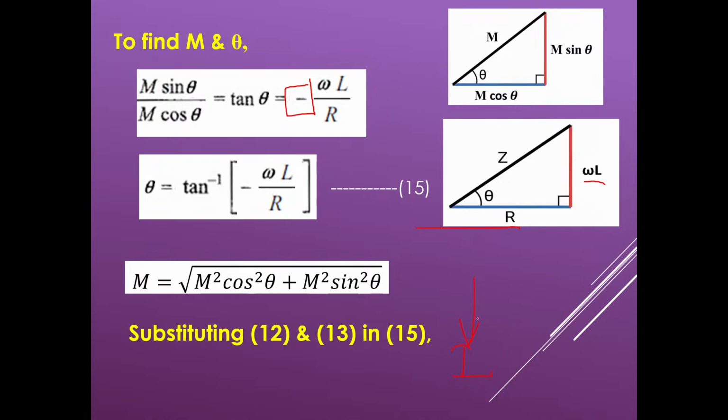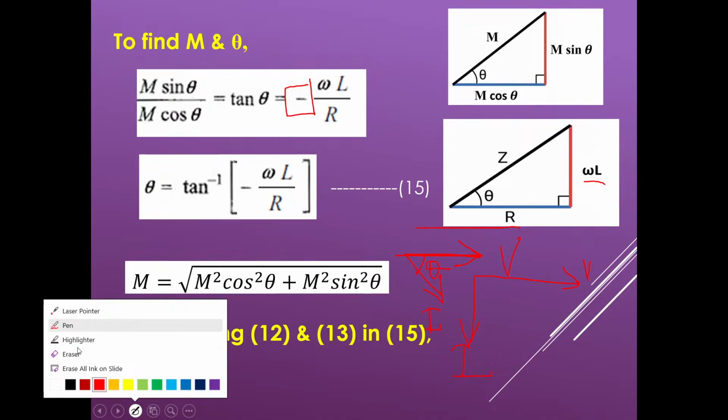If it is a purely inductive circuit, the current will lag by an angle of 90 degrees, but it is not purely inductive, isn't it? So I must draw like this. This is I and this is V, and this is theta.